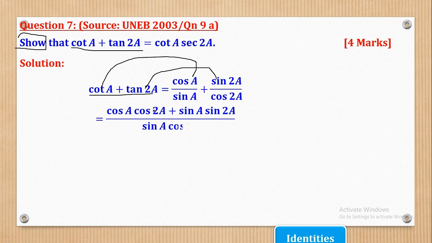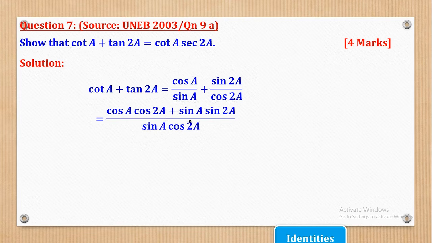Therefore, when I get the LCM, it will be sine A cos 2A, which is this. Now, this LCM divided by this cancels and we remain with this. Now, this times this gives you cos A cos 2A. Then also this LCM divided by this, it means that this one cancels, then this multiplied by this gives you sine A sine 2A.